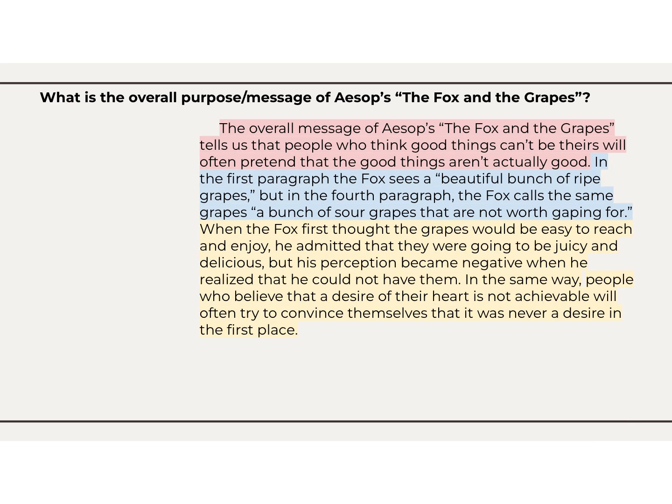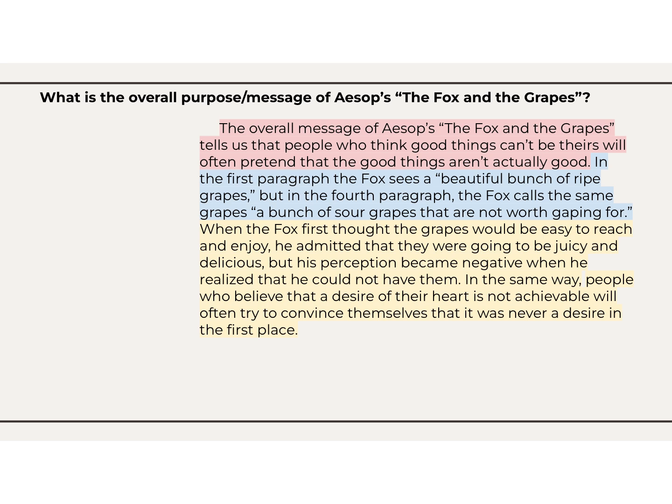Let's take a look again at our paragraph we wrote about the fox and the grapes. The overall message in Aesop's The Fox and the Grapes tells us that people who think good things can't be theirs will often pretend that the good things aren't actually good. In the first paragraph, the fox sees a beautiful bunch of grapes, but in the fourth paragraph, the fox calls the same grapes a bunch of sour grapes that are not worth gaping for.